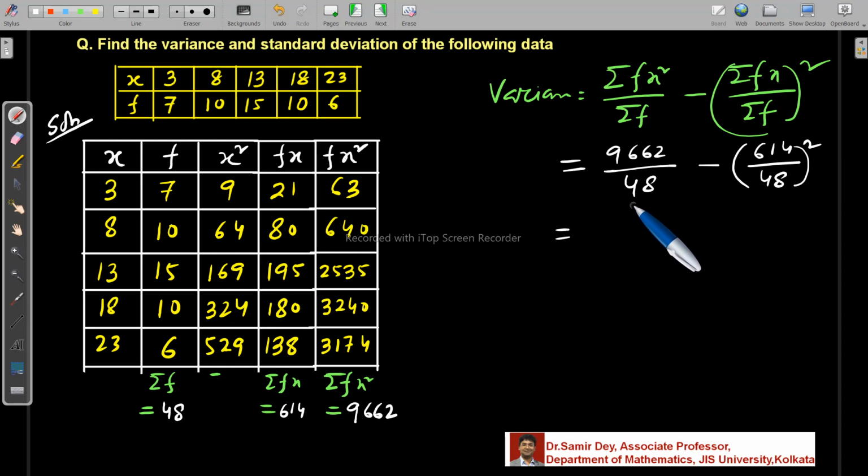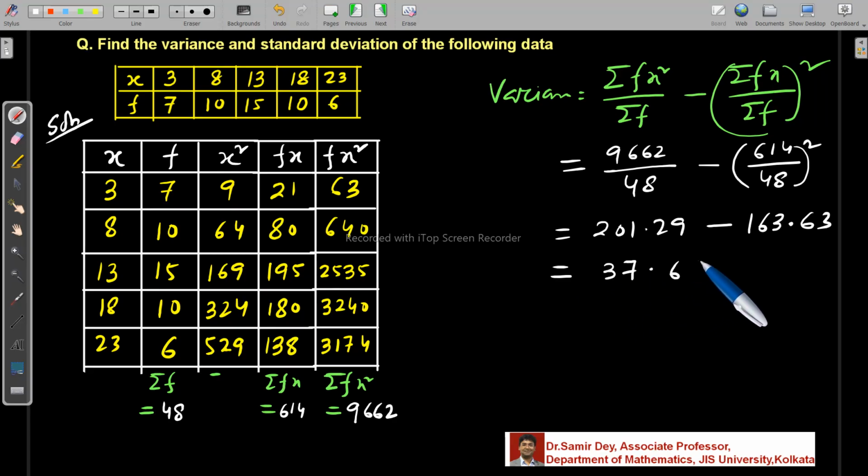If I use a calculator, it is coming 201.29 minus 163.63. Now if I simplify, it is coming 37.66. So this is the variance of this given data set.